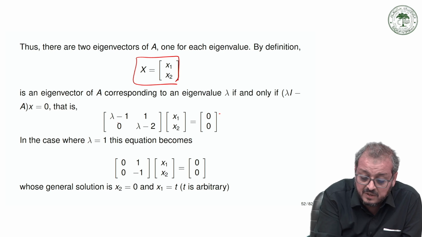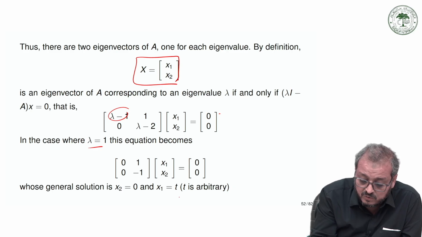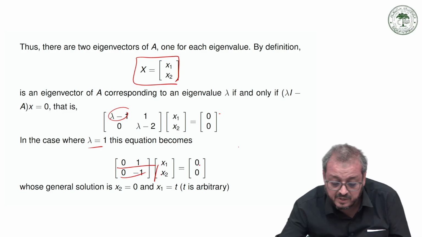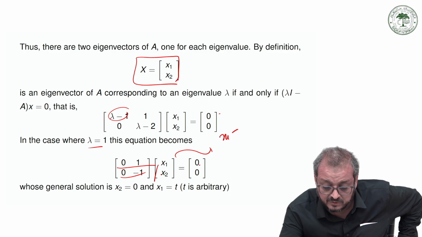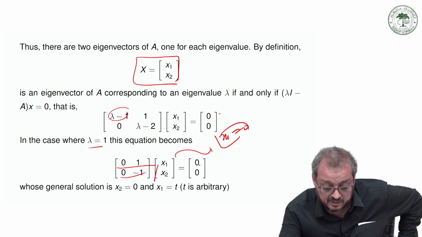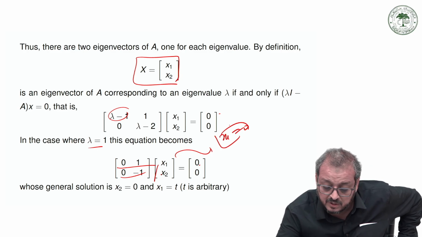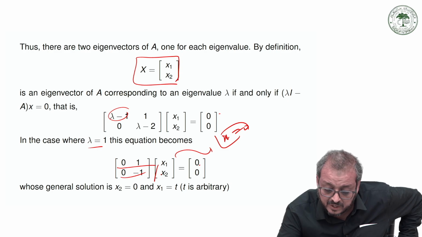If we take lambda equal to 1, then this is equal to 0, so (0, 0). This means x1 is not arbitrary; by this system of equations we get only x1 is equal to 0 and x2 is equal to 0.